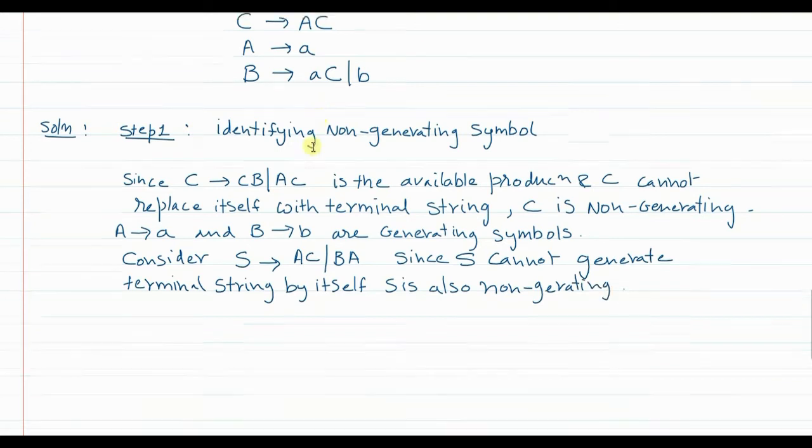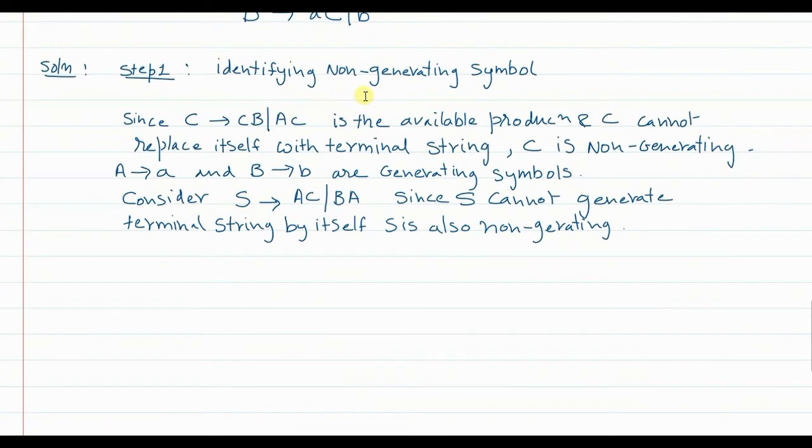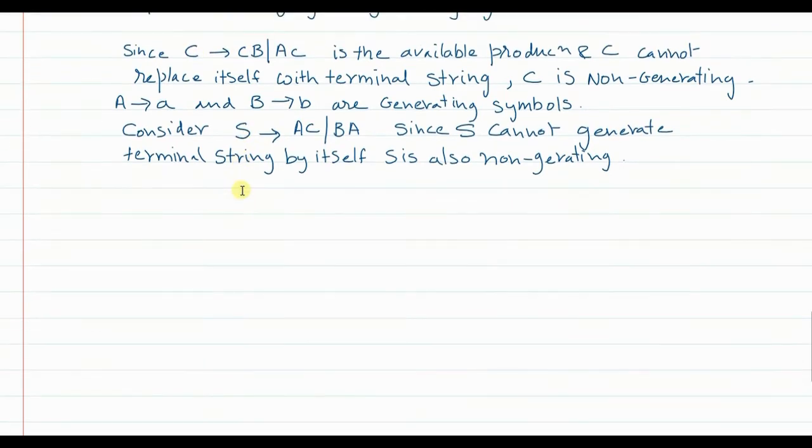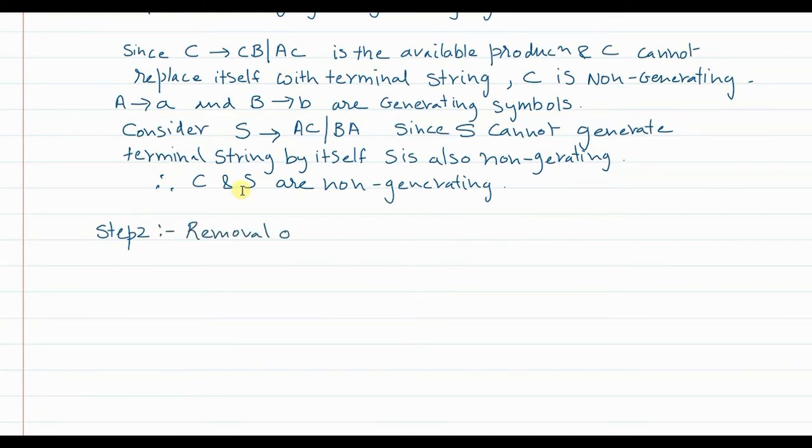So we have identified two non-generating symbols here. One is C and the second is S. In step 2, therefore, C and S are non-generating. Now in step 2, it is removal of non-generating symbols.